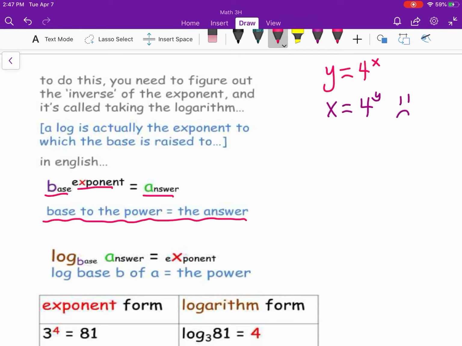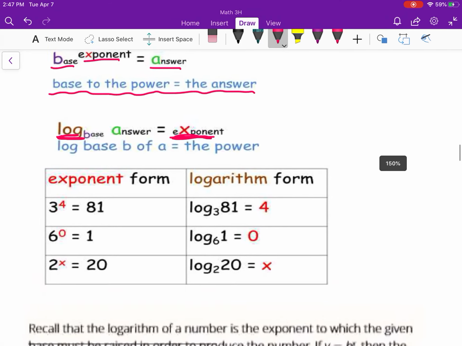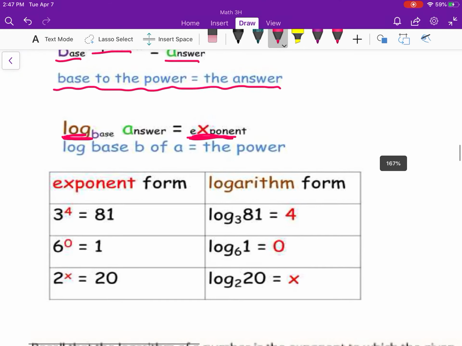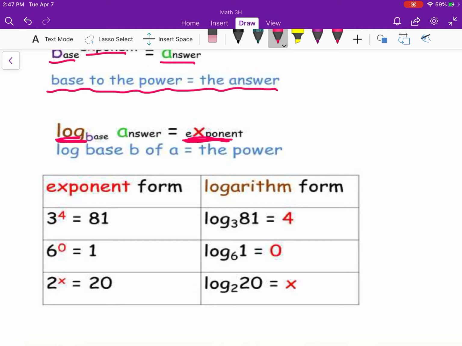So logarithms, if you look, are nothing but exponents. Okay? So if you look at this table, what I'm trying to show you here is, if we have the exponential form of 3 to the 4th equals 81, I can rewrite its inverse without having to solve it.